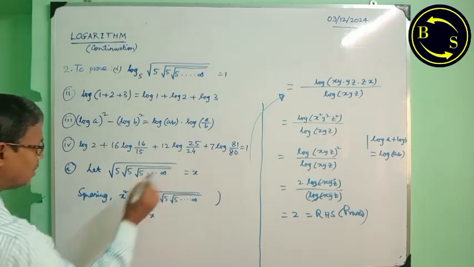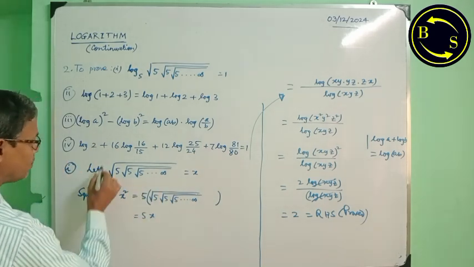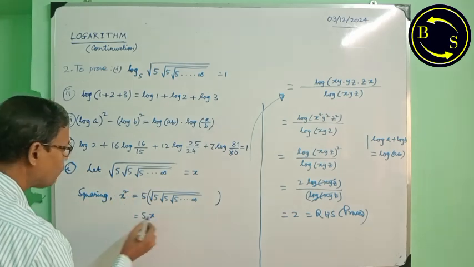Therefore, after squaring, we get 5 into again this part, that is x.